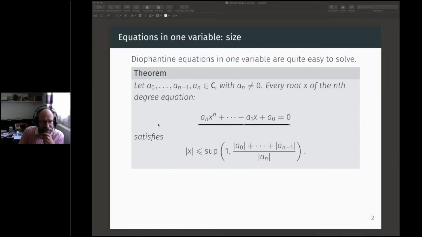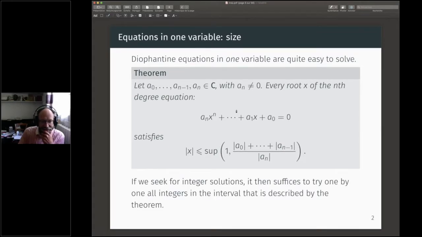Okay, and then if I have such a bound, and if I'm only interested in integer solutions, then it suffices to try one by one all integers in the interval given by the bound. So even if this bound says that x is smaller than 1000, then I have something like 2001 integers to check, and that's okay.